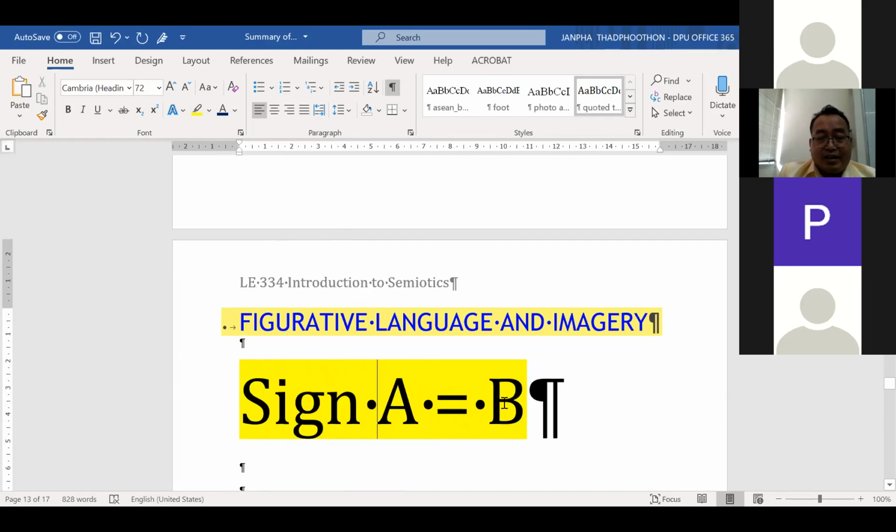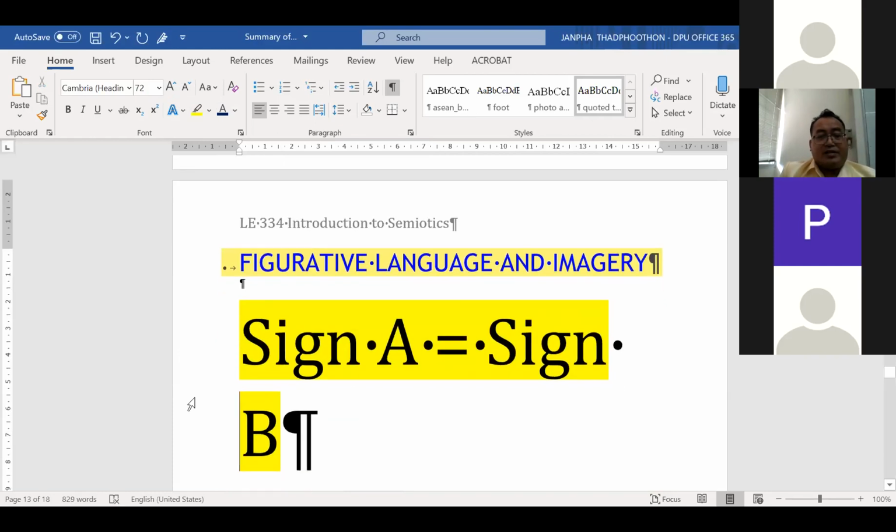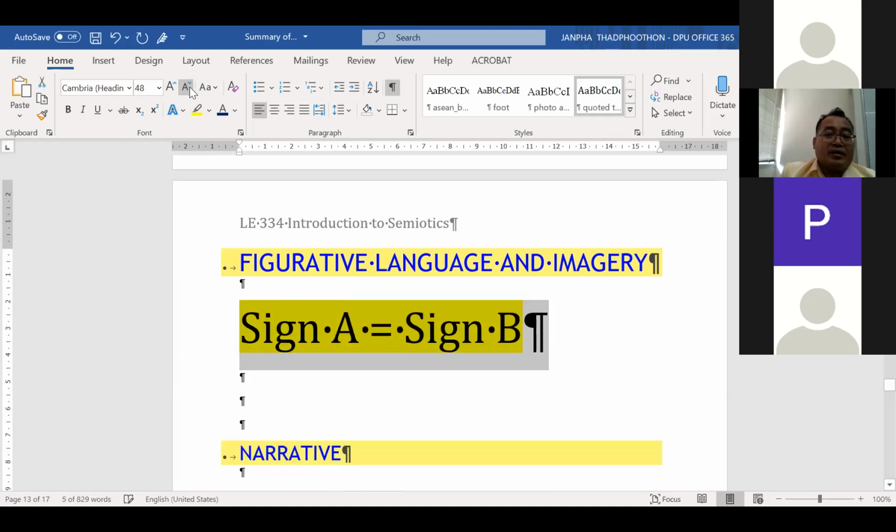Side A is side B. It's also about representation.